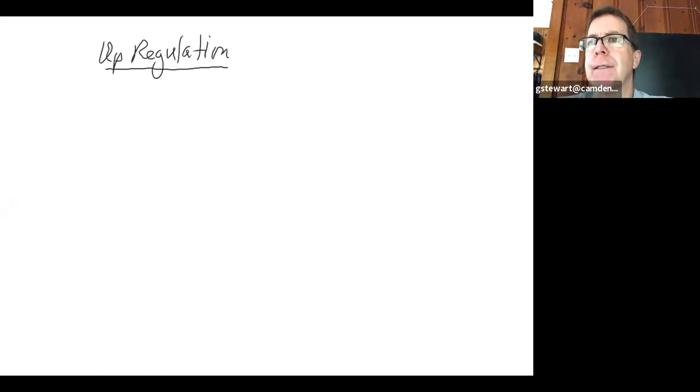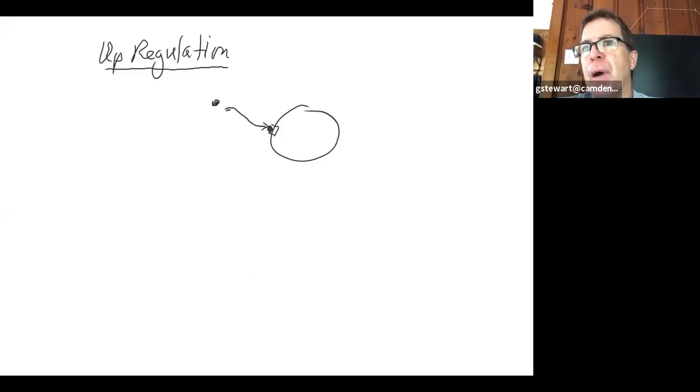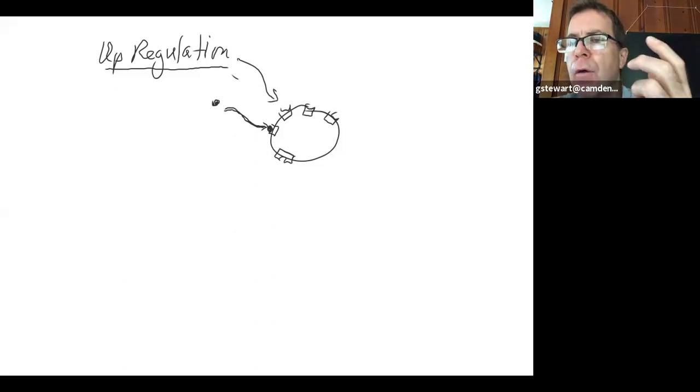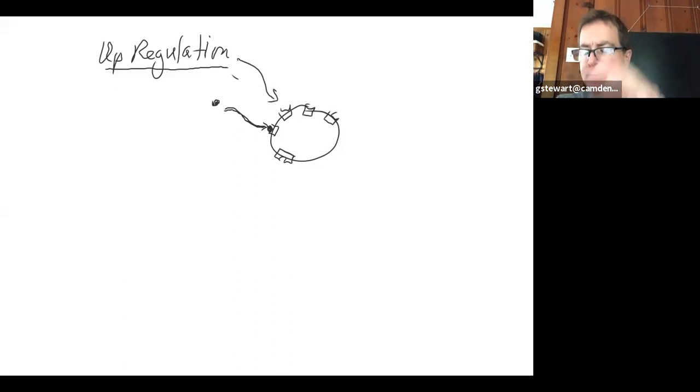So if we have a target cell, we have a small hormone, when this hormone finds its target cell and binds to its receptor, the act of it binding causes the target cell to put more receptors out on its surface after that first binding. This is called upregulation, the enhancing of the effect of the hormone by the target cell producing more receptors for that hormone.